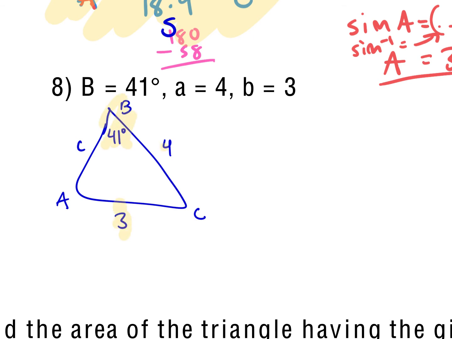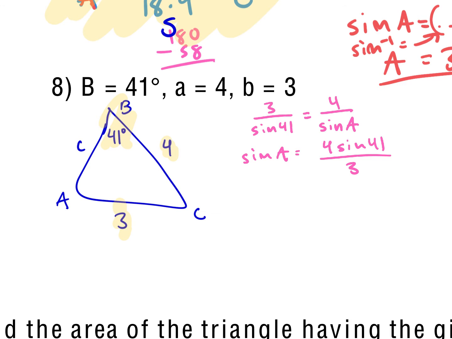And then I have side A, so I can set up my proportion to find angle A. So I have 3 over sine of 41 is equal to 4 over sine of A. Cross multiply and divide. So we get sine of A is equal to 4 times sine of 41 over 3.